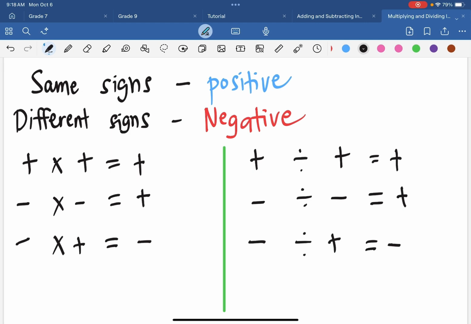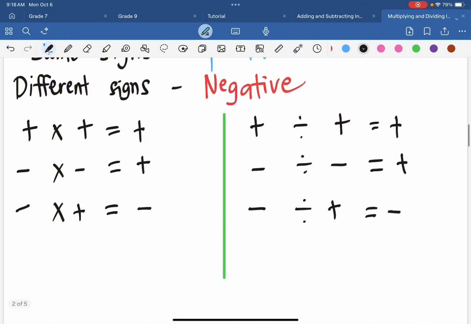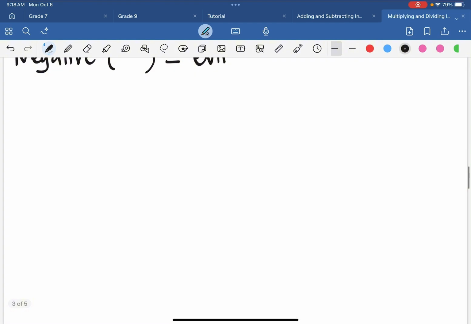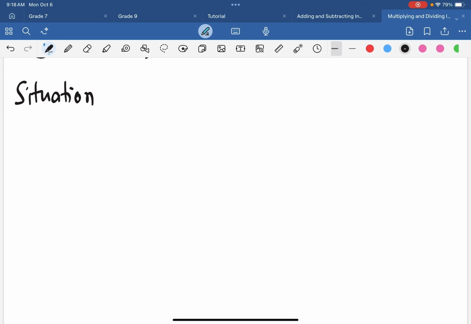Now, let us apply some concept of signs with regard to good and evil. So I'll just say our positive here is good and our negative here is evil. So let's have a situation with either multiplication or division, either of the two.